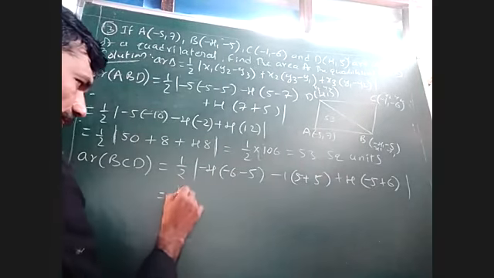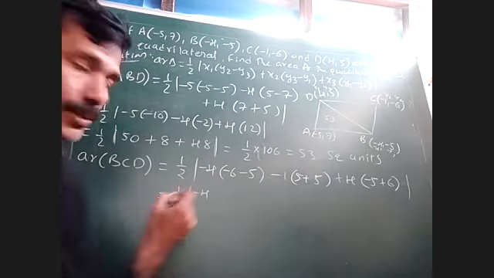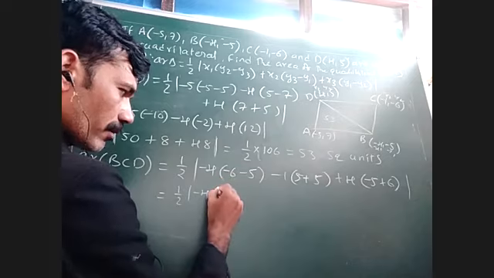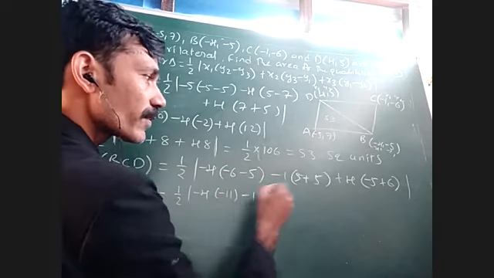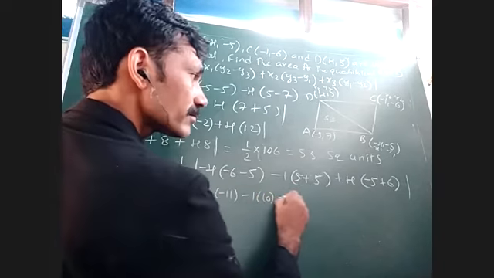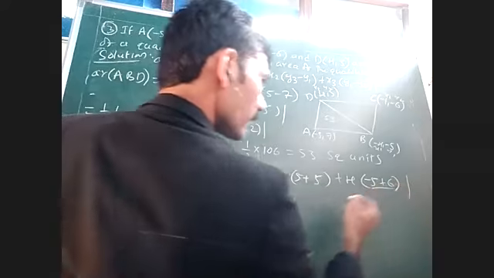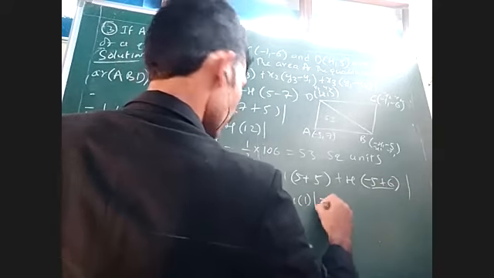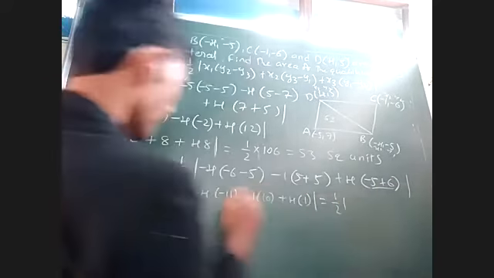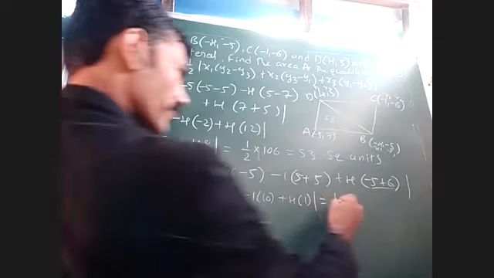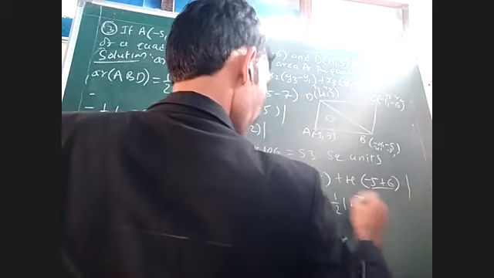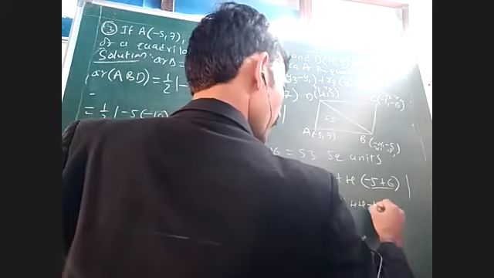So now we'll simplify this. First inside brackets we have to do. Minus 11, this is 10, inside brackets this is 1. So how much do we get? Half of minus into minus plus 44. This is minus 10.